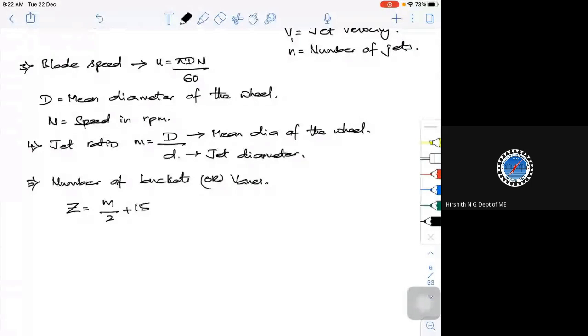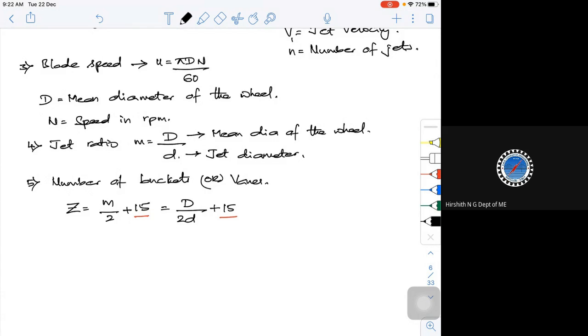So 15 is a default number. What is your jet ratio m actually? It is D by d. So Z equals D by 2d plus 15. So this is a simple formula. That means 15 is a fixed number for your Pelton wheel.